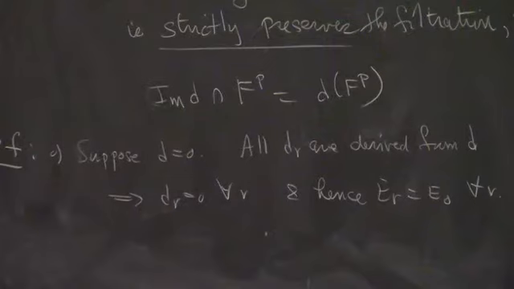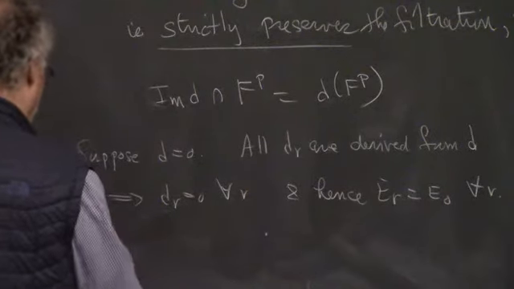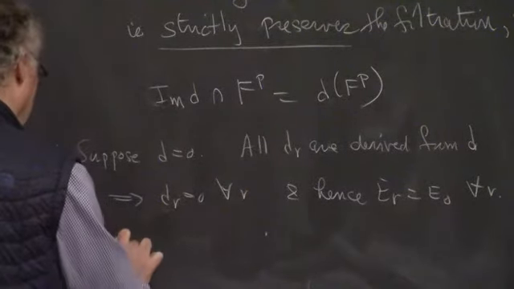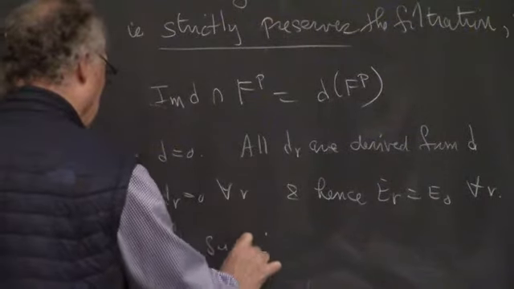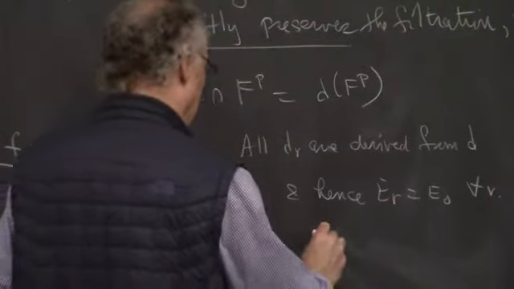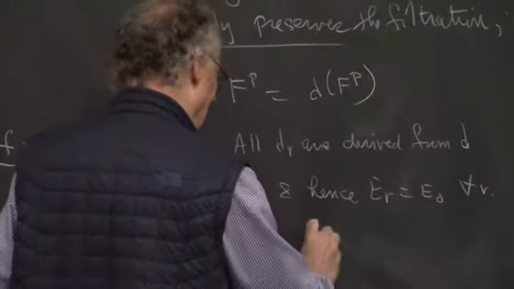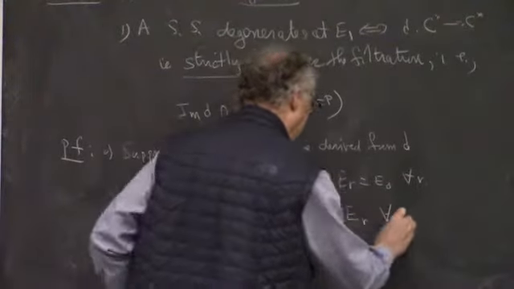Maybe I'll do the opposite direction of this one because it is so easy. So, on the other hand, suppose conversely the spectral sequence collapses at E naught.